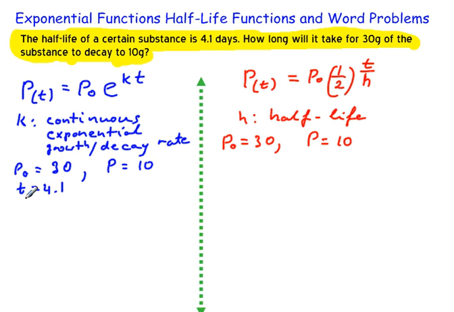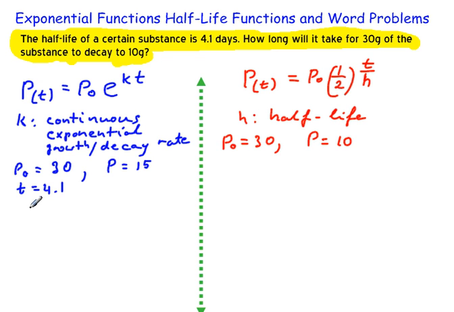Since T represents a half-life, 4.1 days is a half-life, so P0, if P0 is 30, P would be 15. So let me change that here. P is really 15 because the time that we use is half-life time, and we need to find what is the growth or decay rate in this case.